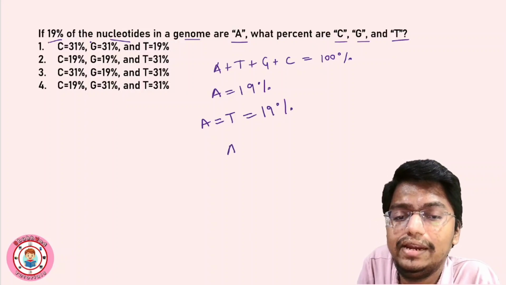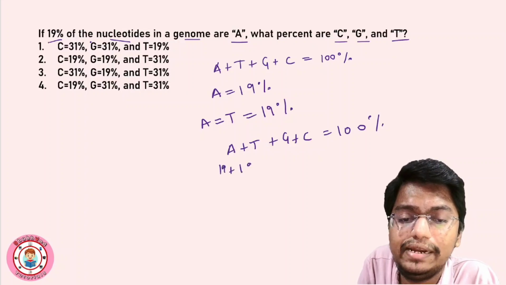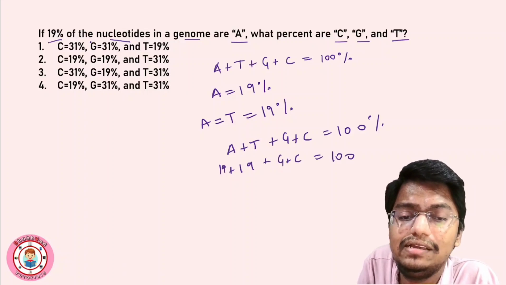We can get A plus T plus G plus C is equal to 100%. So A plus T 19 plus 19 है. This will be as it is. 19 plus 19 is 38.